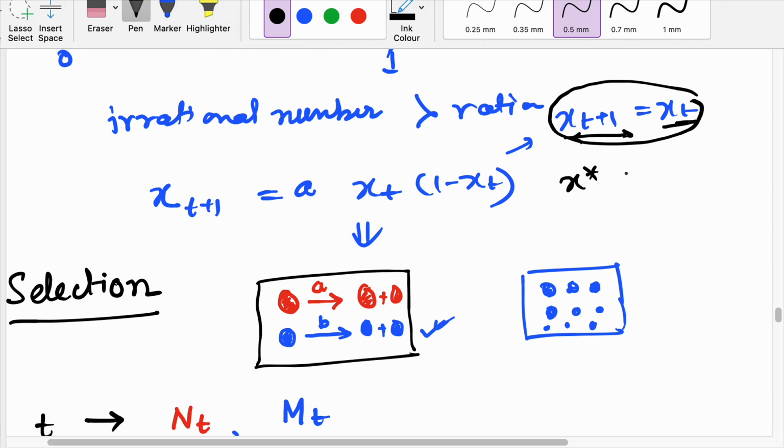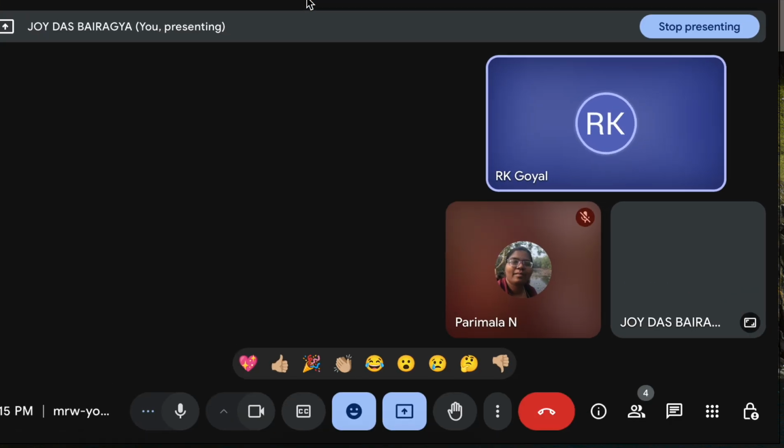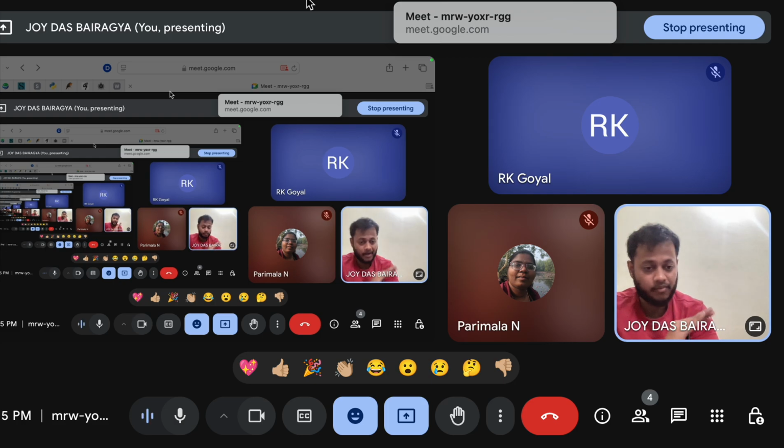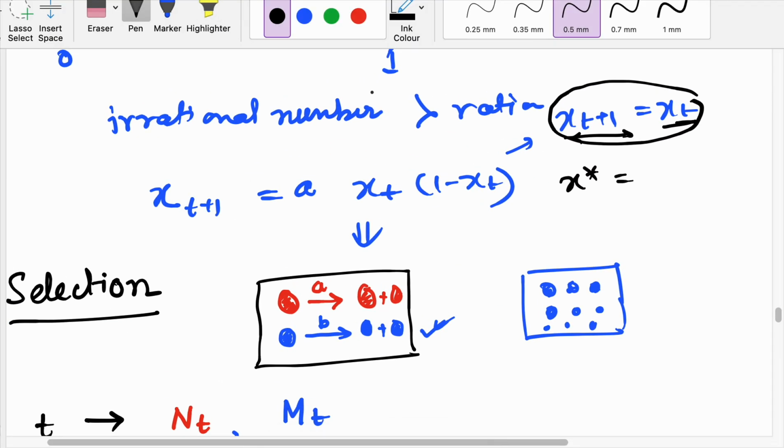So suppose x star is equal to, here to calculate the fixed point, you need not solve the equation a x(1 - x) equal to 0, but you have to solve this equation, for a simple reason: here my fixed point is not where my increment or decrement stops, but I have to find a state where my future state will remain as my present.